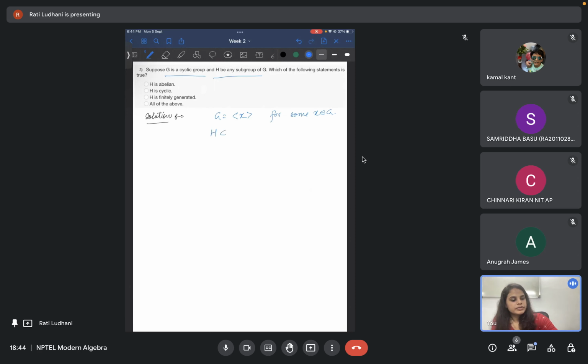And H is given to be a subgroup of G. Now they are asking what is H. Can you tell us whether H is abelian, cyclic, or finitely generated, or all of the above, or none of these? It could be anything. Let's see what we have here.